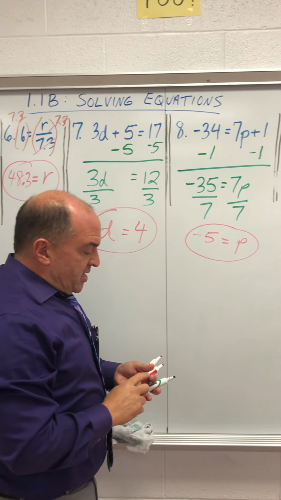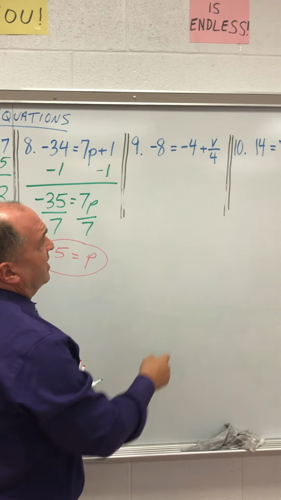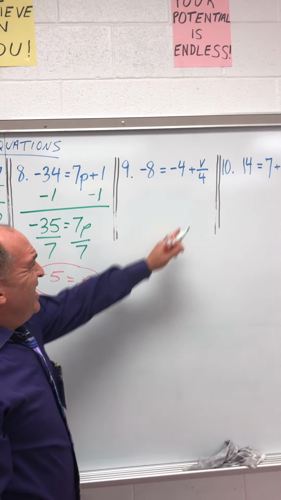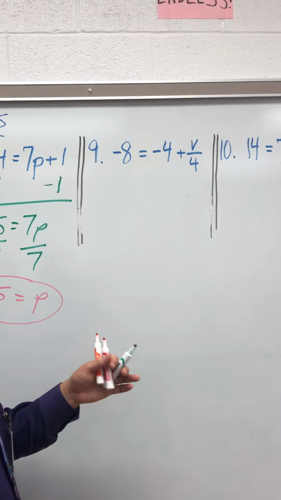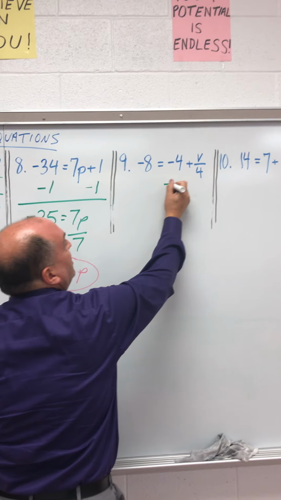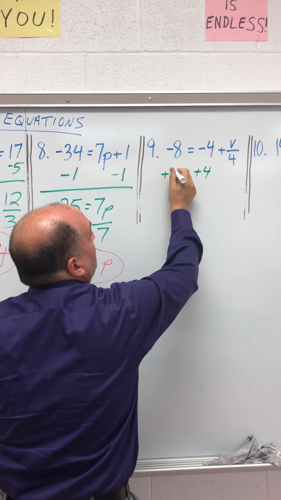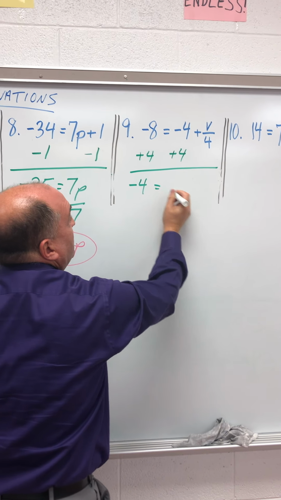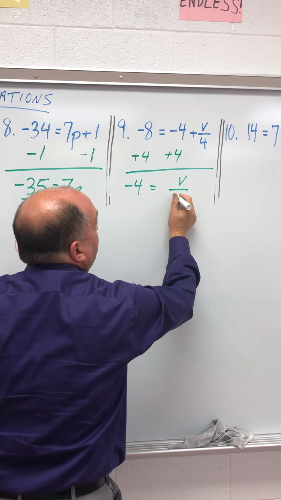Oh my goodness, what are we going to do here? I got V on the right side, and it's a divide. See this minus 4? Let's get rid of that. I'm going to plus 4 both sides. I get negative 4 equals V divided by 4.